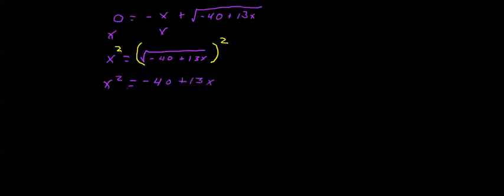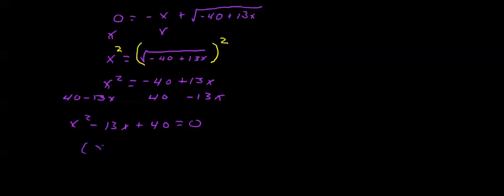We have a quadratic equation, so I'm going to factor. I add 40, subtract 13x. And I get x squared minus 13x plus 40 equals 0.